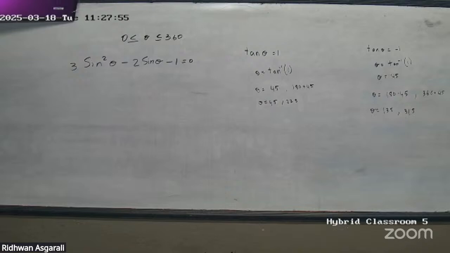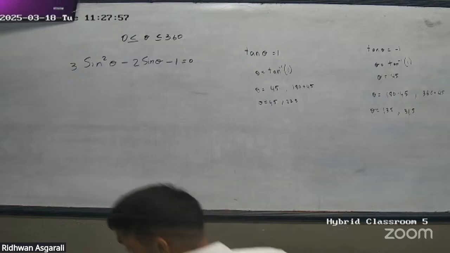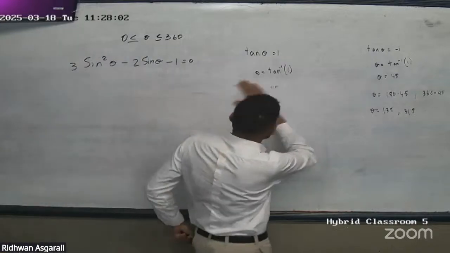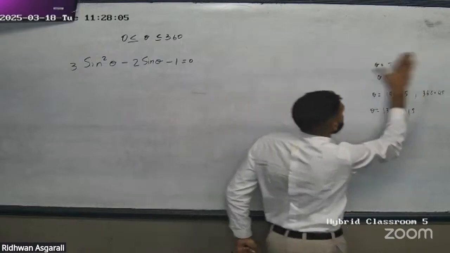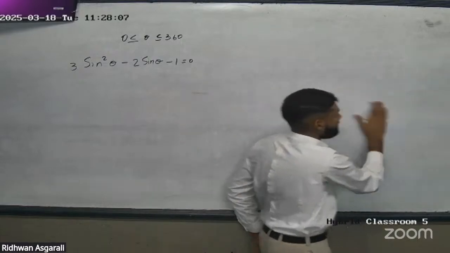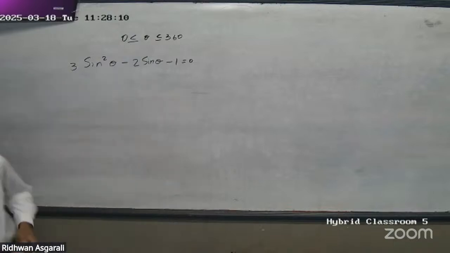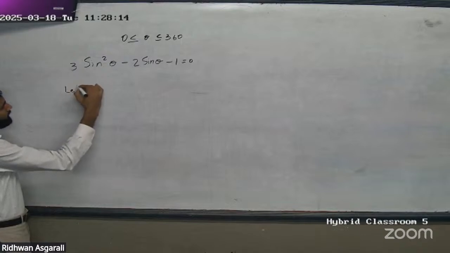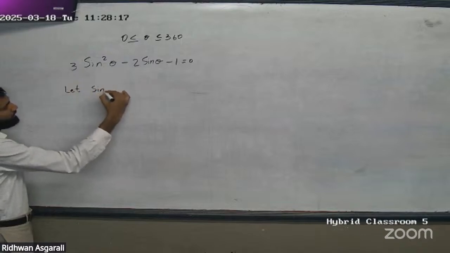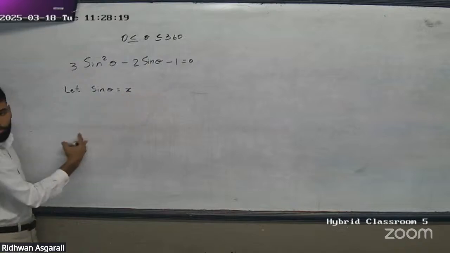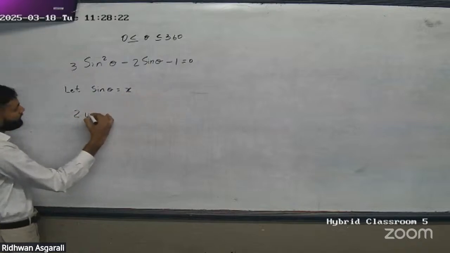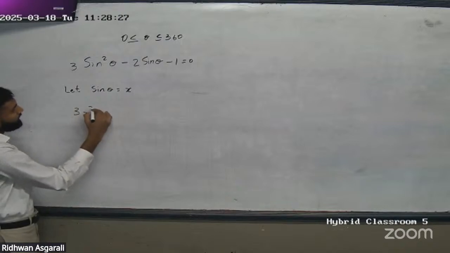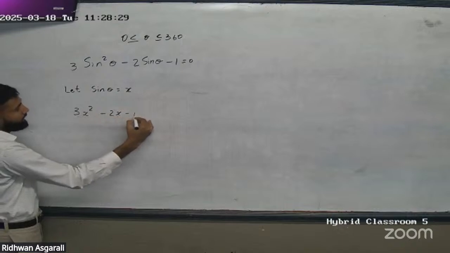Right, come on, we're doing this and take our substitutes. Come on, oh my god, we have a problem there. Come on, you can't do substitution. Right, so we have let sine theta equal to x, yeah? So we end up with 3x squared minus 2x minus 1 equal to 0.